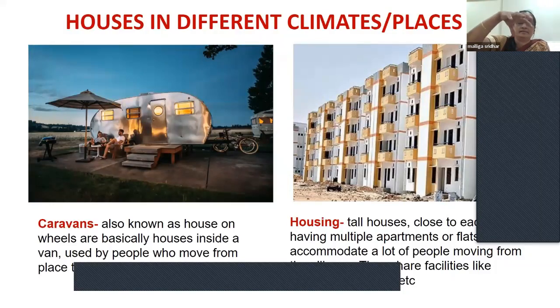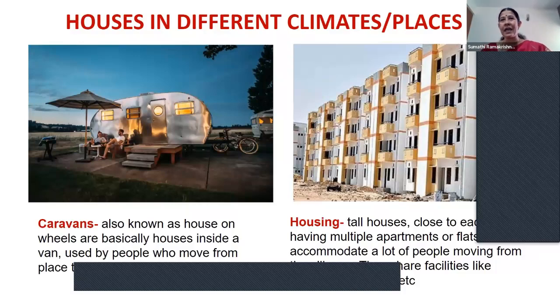We see many such vans parked in some big parks and some big places in Western countries. Even now it is there. Here it has come, but it's not that very popular. Affordability is not that. It is very costly. You can even hire a caravan and go. It is a little expensive. Yes, that's what I meant.